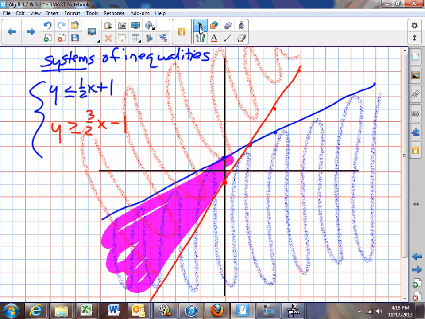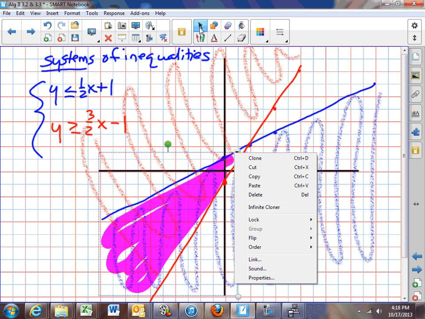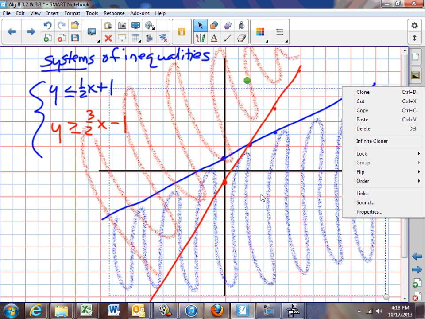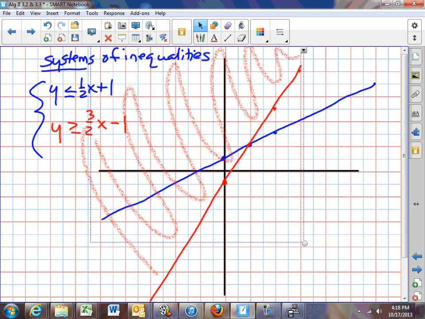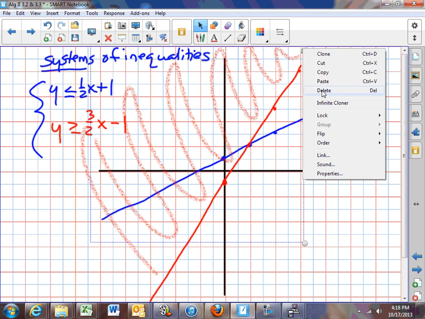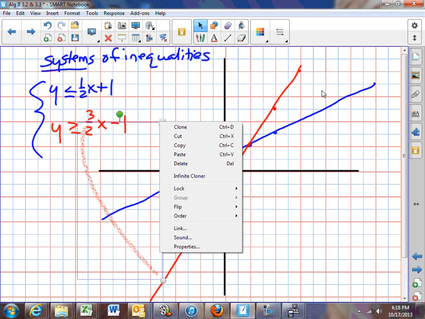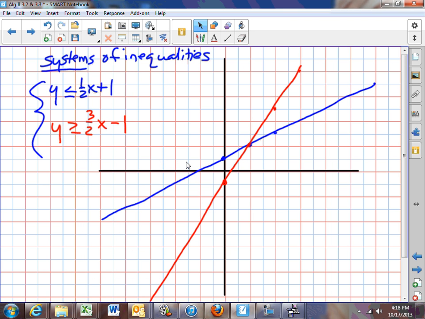So what I'd like to show you is, when you're graphing systems of inequalities, instead of actually shading each region as you solve the inequality, what I suggest you do is, for example, imagine for a minute here that the red line, well, maybe we can do this.